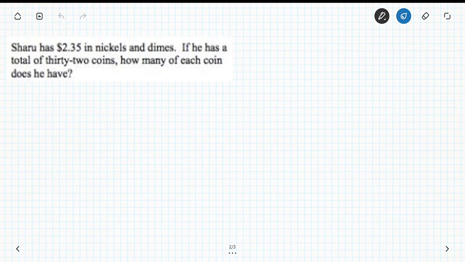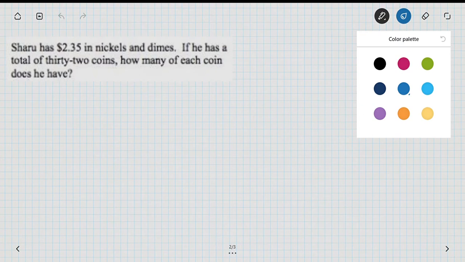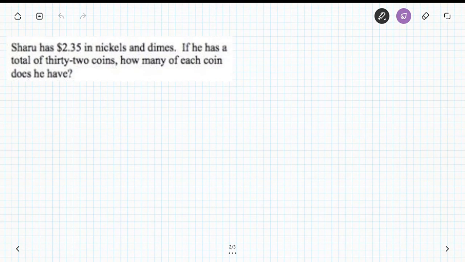Okay, so let's choose purple. Okay, now Jaru has $2.35 in nickels and dimes. Okay, so he does know how much money he's got, and he has two types of coins. He has nickels and dimes.